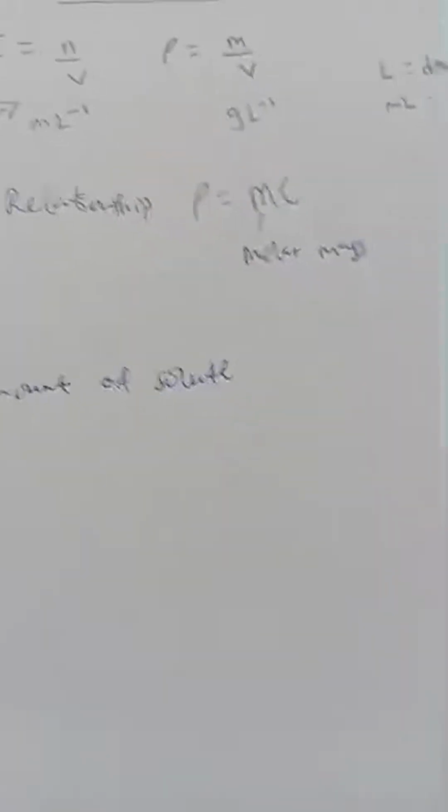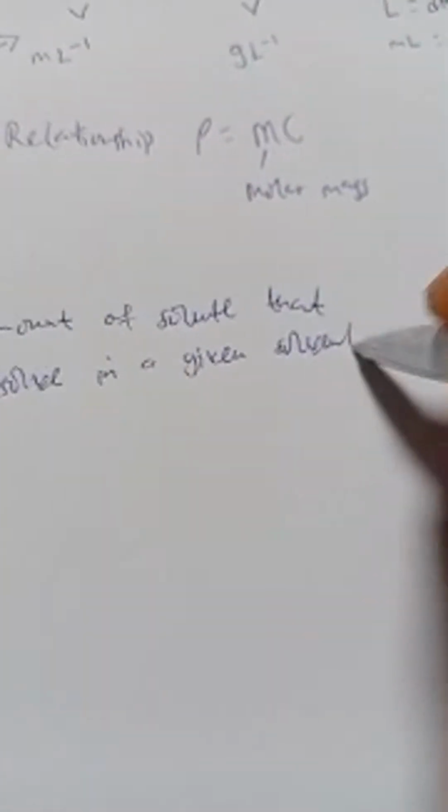All right. So we said solubility is the maximum amount of solute that will dissolve in a given solvent at a specific temperature to form a saturated solution.